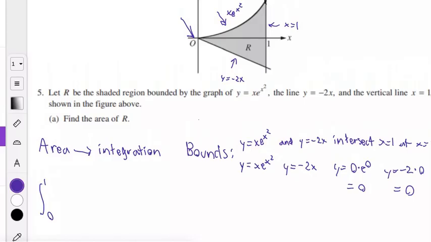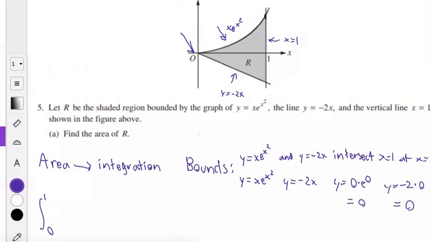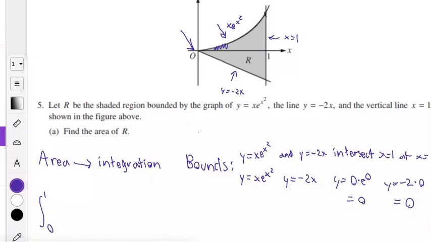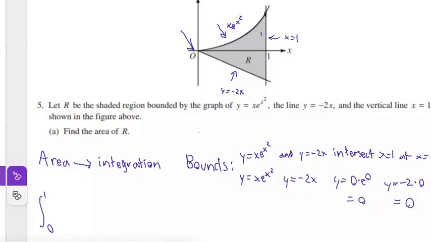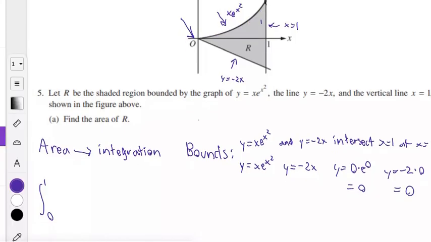Next, we need to figure out what to put inside the integral. So integrals can help you find the area under a curve. For example, if we were to integrate xe to the x squared from 0 to 1, we would be finding this area that I just shaded. We are, however, finding the area of this entire shaded region.